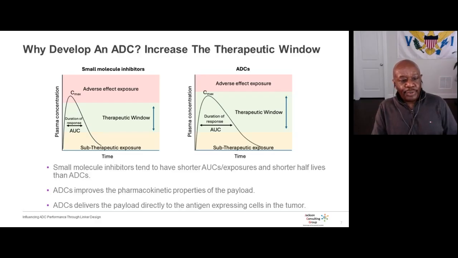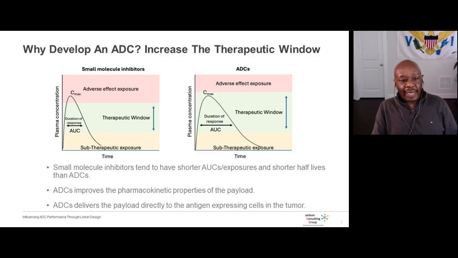One way in which you could do this is by maximizing your AUC, or your exposures, for the small molecule inhibitor or the ADC. You want to remain above the subtherapeutic exposures because you want to stay in this green zone, which is where you're having your best effect. You also want to stay out of this red zone as much as possible.